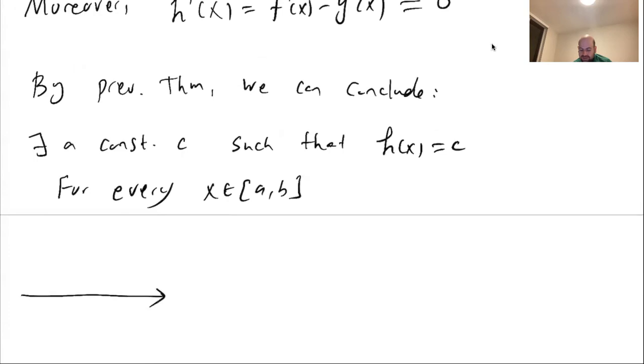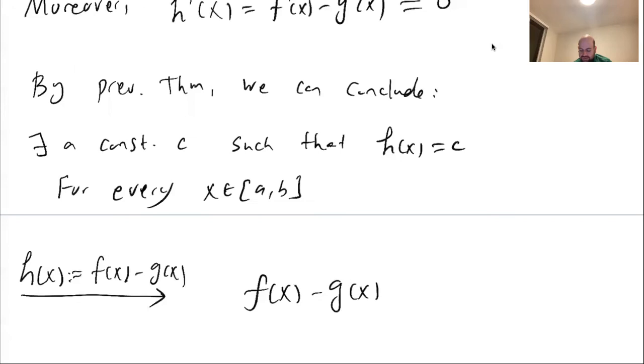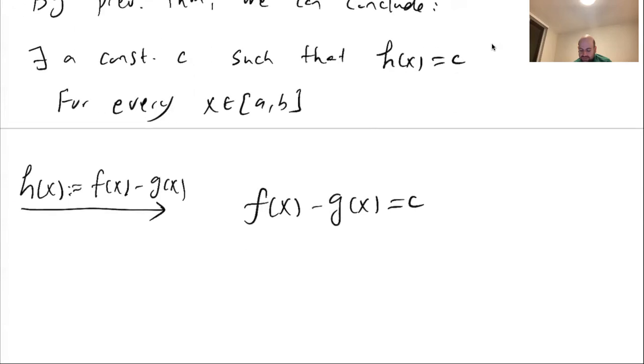But what is h of x? H of x, we defined it as f of x minus g of x. So that means f of x minus g of x equals c for every x in a to b.